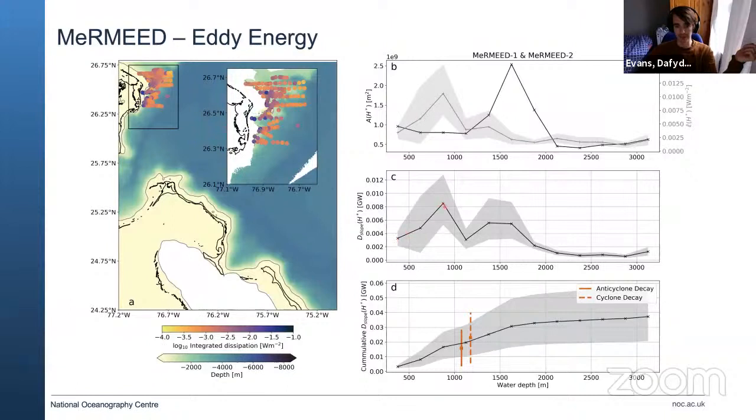We can see values at each depth bin, but then if you accumulate or add this up across all depths, focusing on those observations shallower than 1,000 meters, down here our orange lines represent our estimate, and our range and uncertainty, in our satellite-based estimate of energy. And we see that over this region with very steep and rough topography, the turbulent dissipation rate associated with the eddy flow topography interaction matches very well our estimate of the eddy decay rate based on the satellite data.